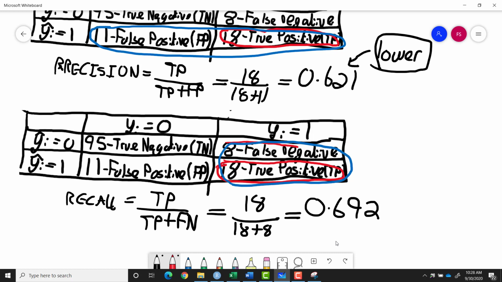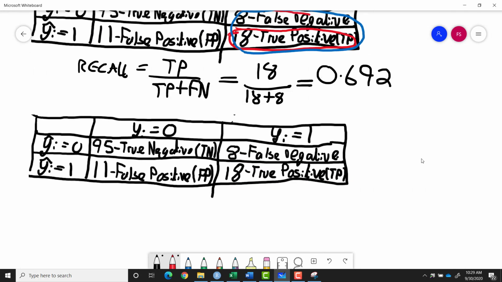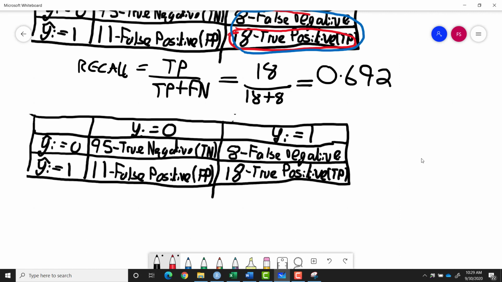Which brings me to the third one, which is specificity. Specificity is: if we have an actual negative, what's the chance that we get this correct? This is a very important metric if there's quite a high degree of harm that comes from having a false positive. Again, in our bankruptcy example, if the company is not going to be bankrupt, what's the chance of us actually getting this correct?